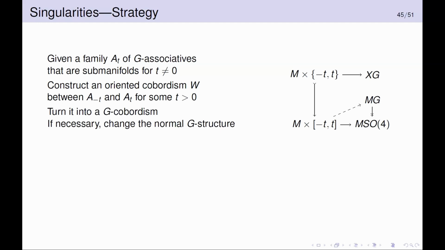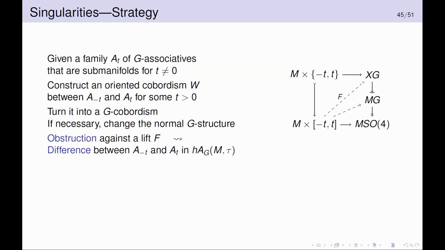Now we try to lift this to a G cobordism. And there might be obstacles. If necessary, however, we can modify the G structure because we've seen that there's enough way to do these modifications. So in the end, this lift will exist. And in the next step, we try to go up to XG.